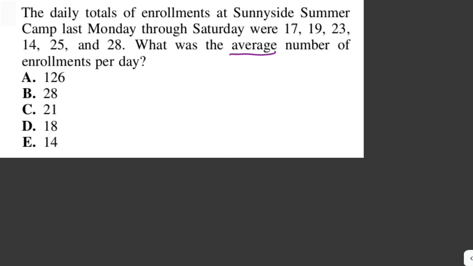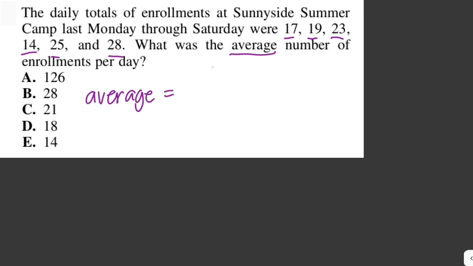So to solve for the average, we just have to add up a set of values and divide by the number of values. We have 6 values here, so we just have to add them up.